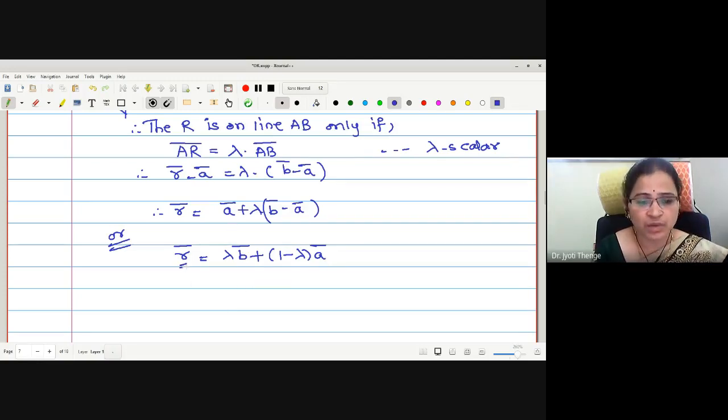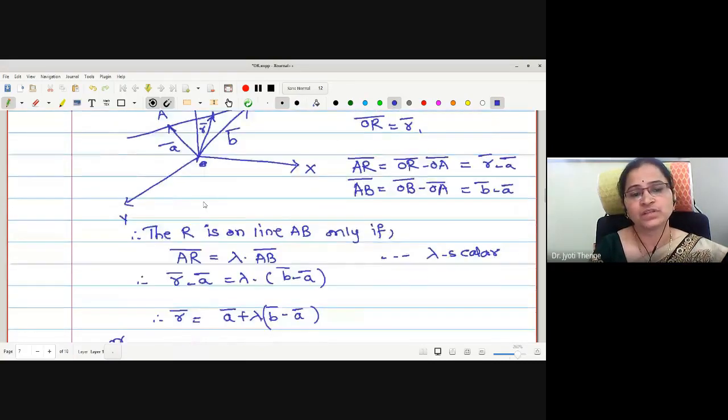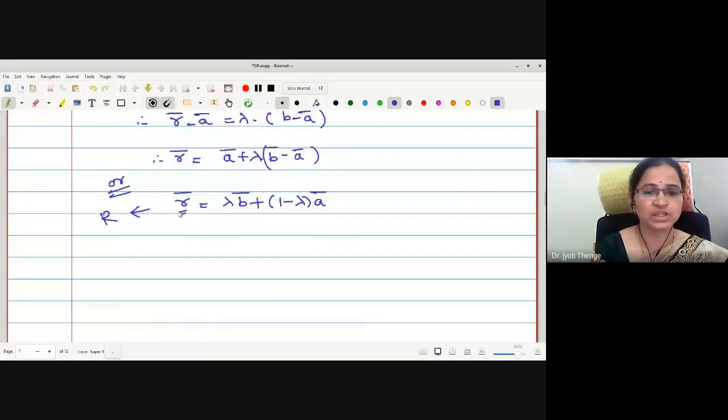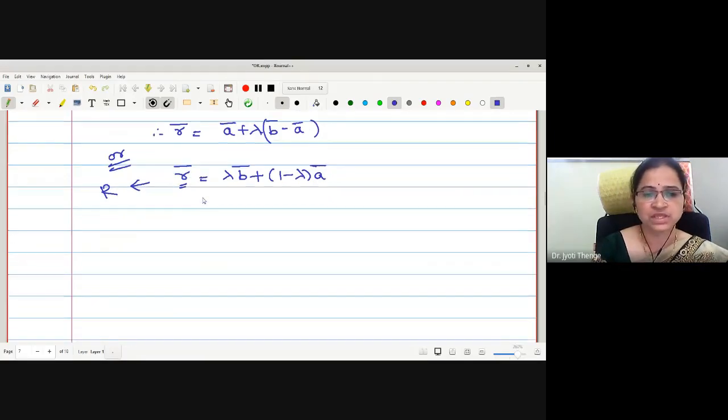Therefore, this R bar is actually the point R on the line AB. Therefore, this R bar is said to be the equation of the line. The equation is giving me the arbitrary point on the line AB. Therefore, this can be considered as the equation.